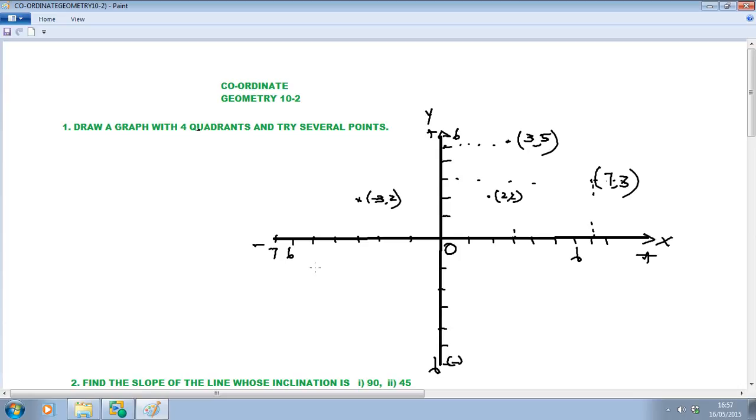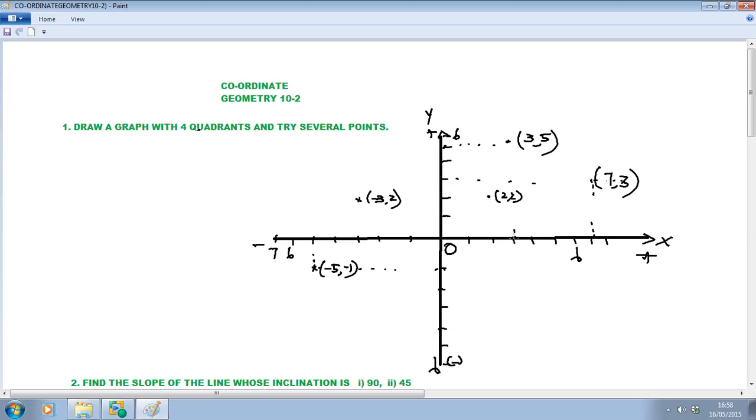What about this point? So we say x-axis is minus 5, y-axis minus 1. What about this?